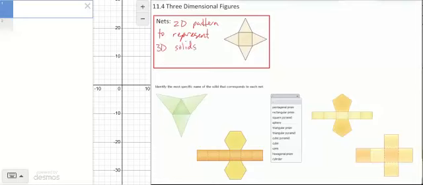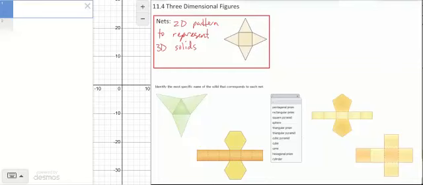And so what you can see right here is if your lateral faces are triangles like they are in pyramids, you should have triangles on each edge of a polygon. If you are looking at a prism, then you should see two parallel and congruent polygons opposite each other, and then a series of rectangles as the other faces.